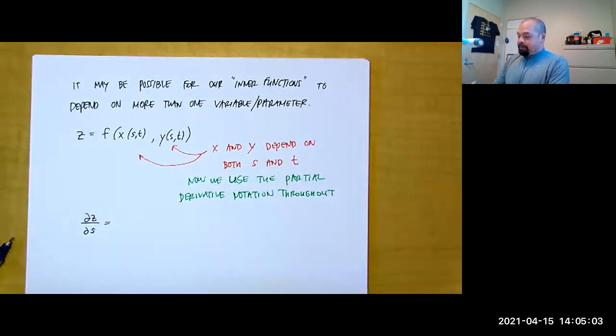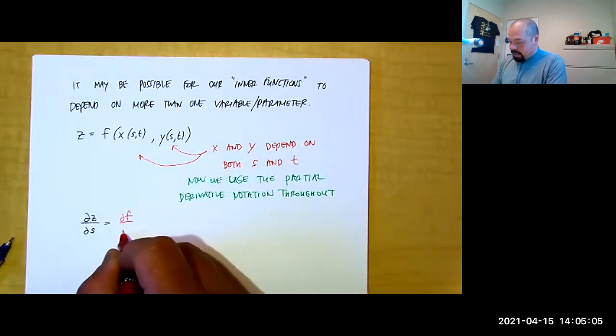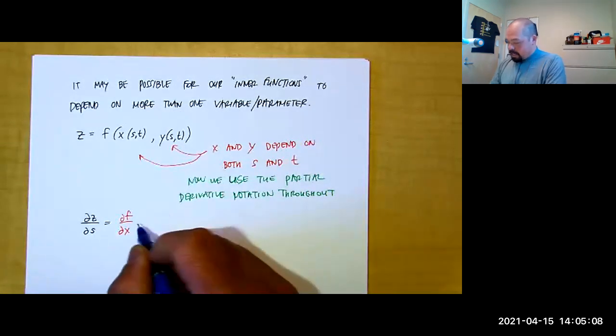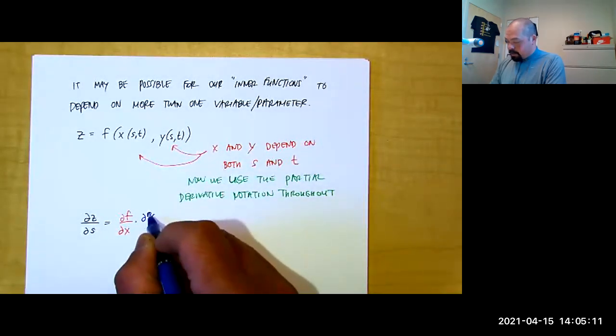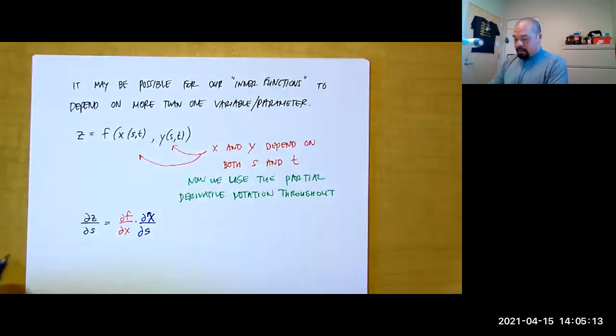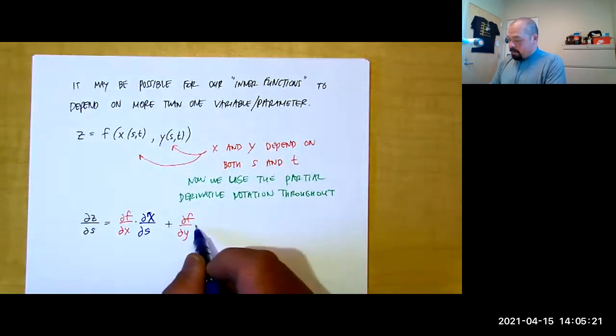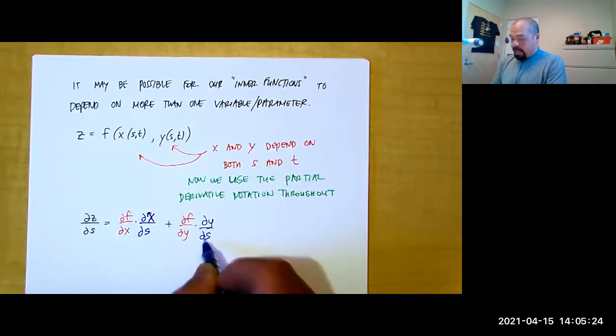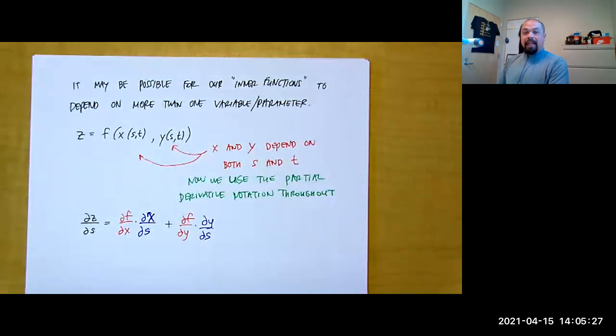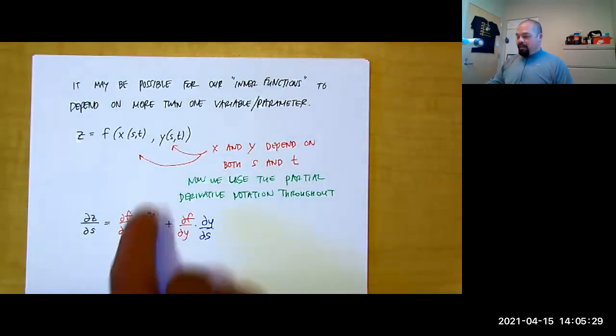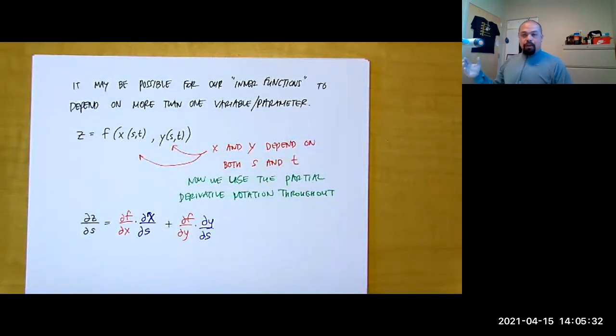Thinking about that, we take our partial of f as it sees x, but then x depends on s. And there's also f's dependence on y, but then y has a dependence on s. And even further, right, we can even layer that more. If s and t depend on another parameter, u, v, we can take the derivative of z with respect to u or v, right? Just kind of keep on building with those chain rule discussions.